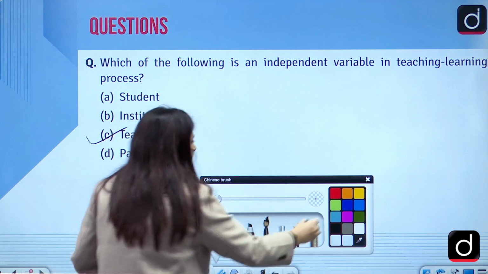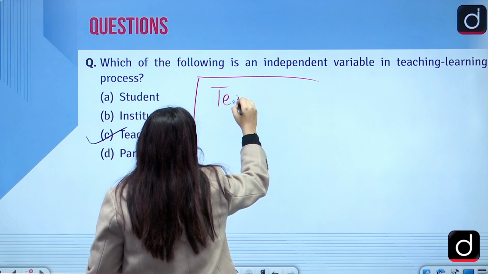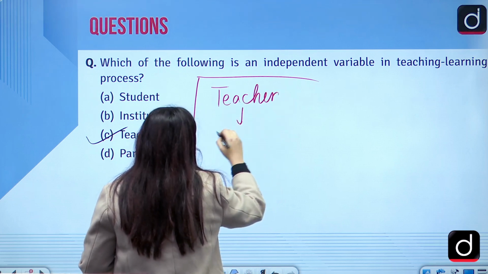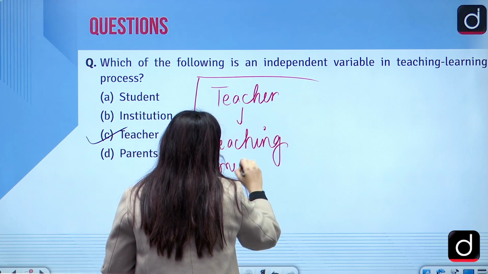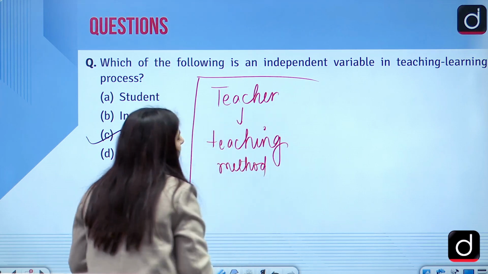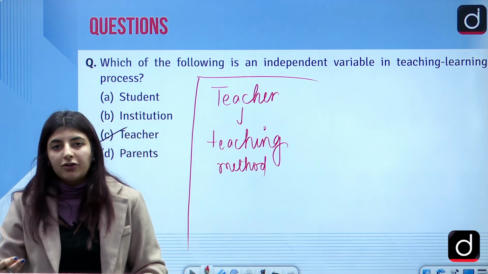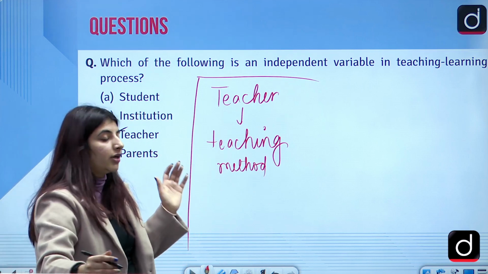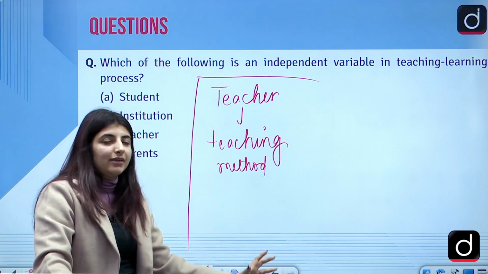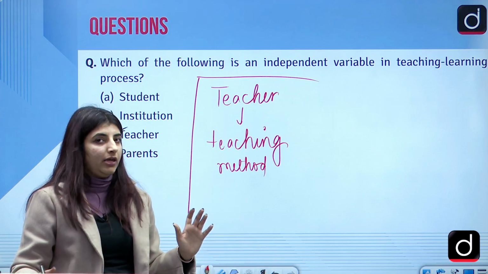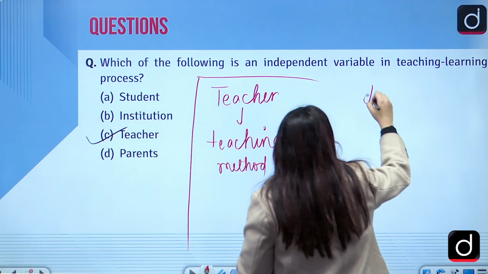Now, let us just take an instance here. The teacher teaches. So a teaching method here is the one which is independent. If she changes the teaching method from group lectures, from traditional methods, and starts using visual aids, etc., and she sees that student learning is improved with the visual aids, where is she observing the effect?